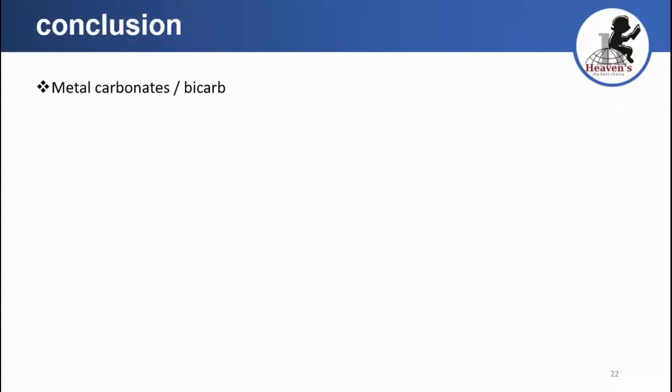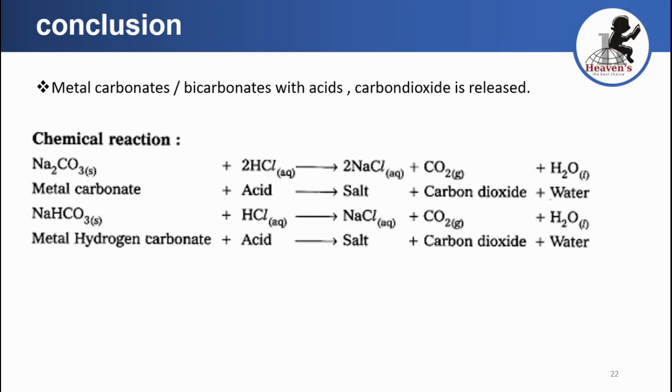From this activity, we concluded that when metal carbonates or bicarbonates react with acids, carbon dioxide is released. So the chemical equations are Na2CO3 plus 2HCl gives rise to 2NaCl plus CO2 plus H2O. Metal carbonate plus acid gives rise to salt plus carbon dioxide plus water.